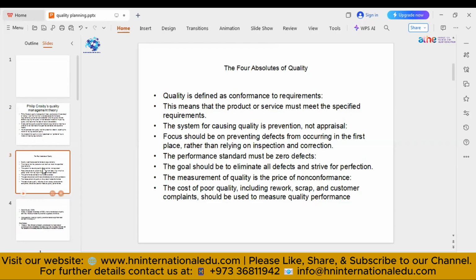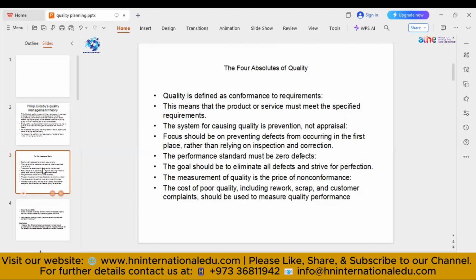The measurement of quality is the price of non-conformance. The cost of poor quality, including rework, scrap, and customer complaints, should be used to measure quality performance. Okay, he said that instead of going for rework, instead of listening to customer complaints, there shouldn't be complaints at all.